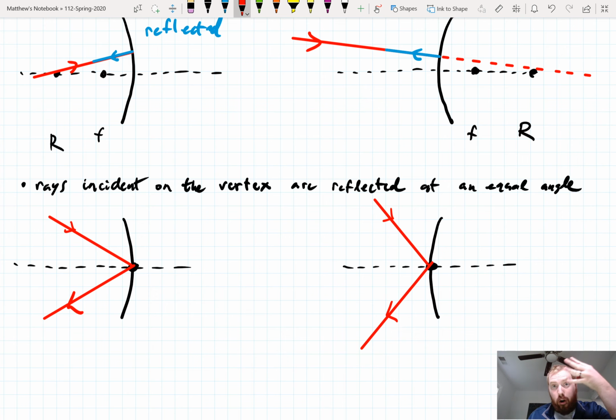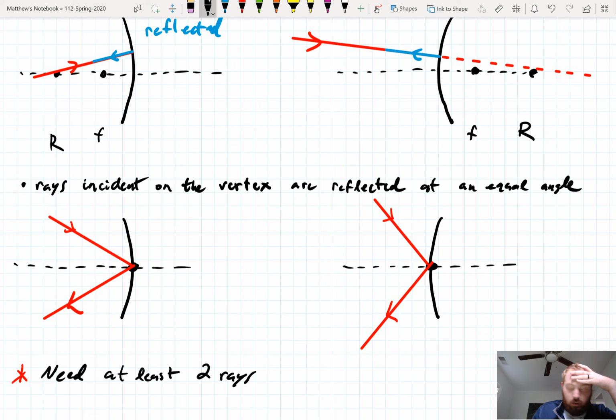So there's our 4 principal rays. In fact, you need a minimum of 2 of them. You need at least 2 of these rays to define where the image forms.